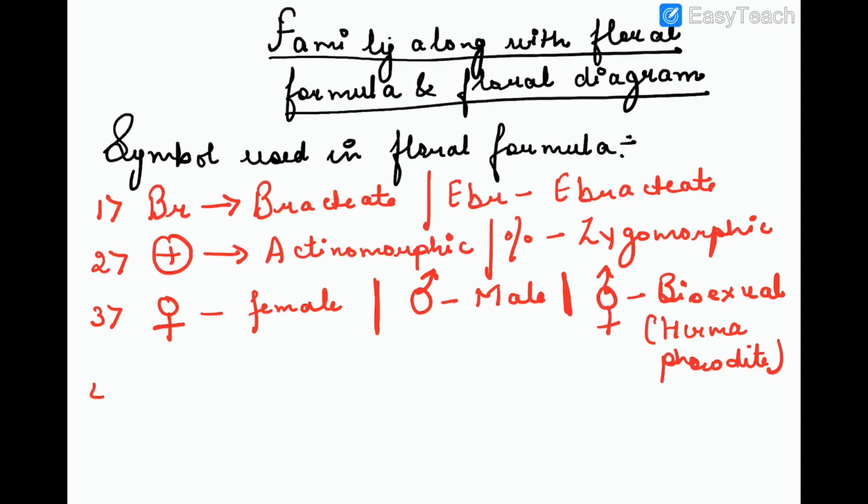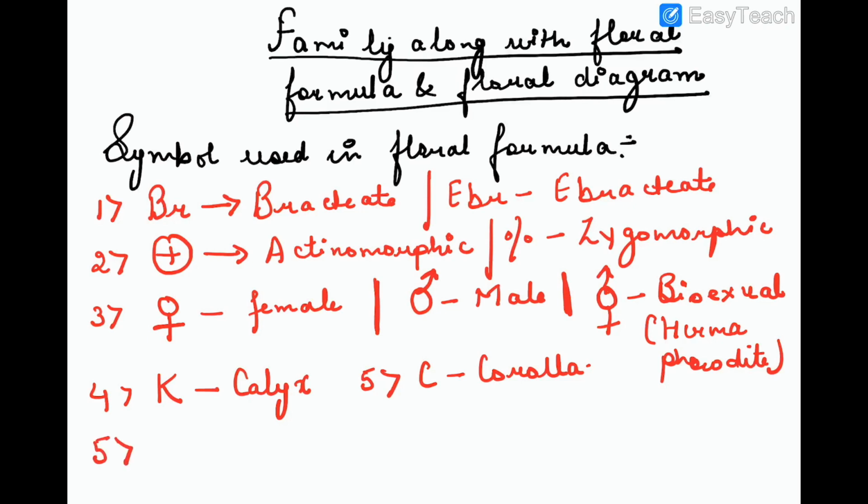Now the calyx, which is a group of sepals, is written by K. And the corolla, which is a group of petals, is written by C. Now, if the sepals and petals are not easily distinguishable, then it is known as perianth.